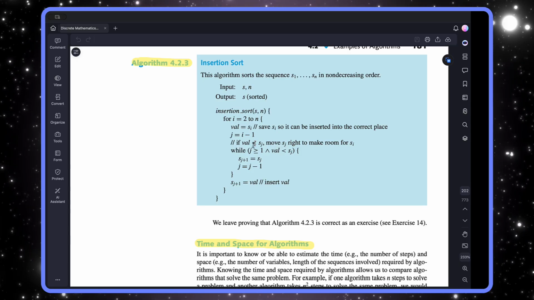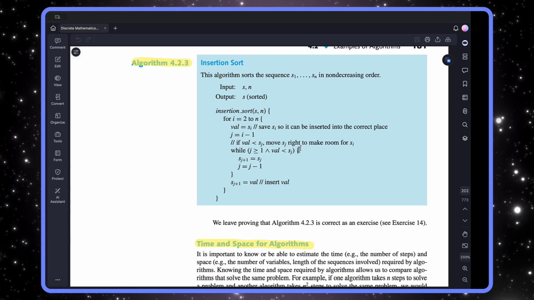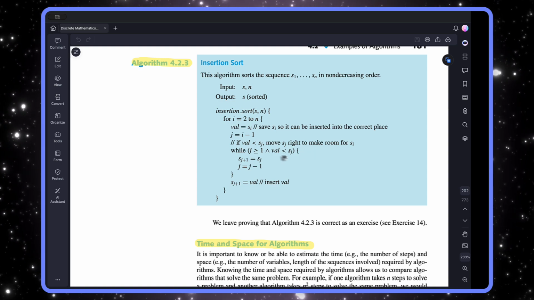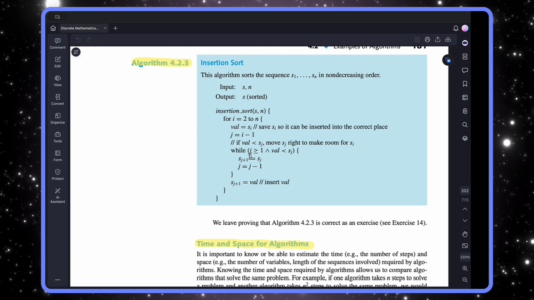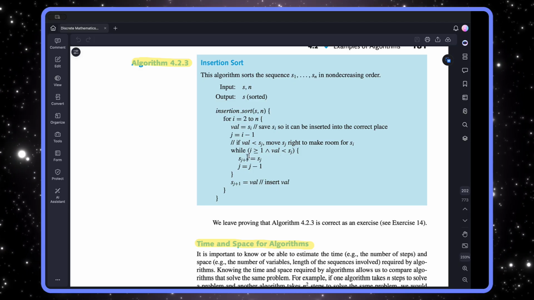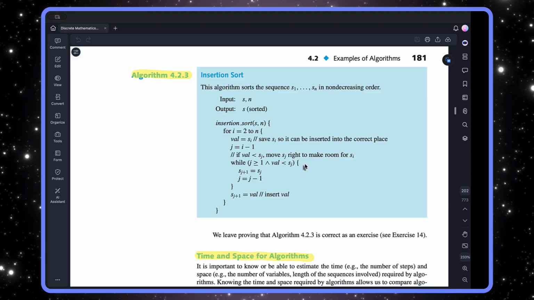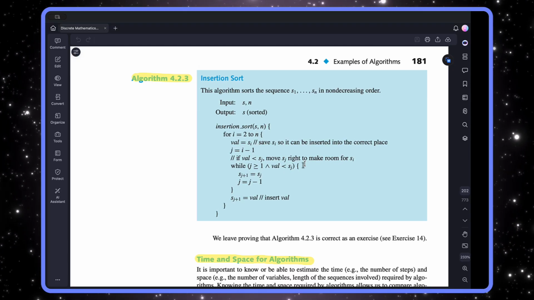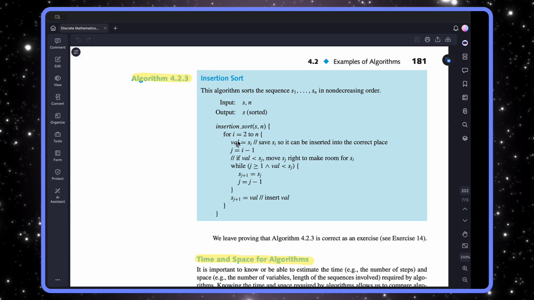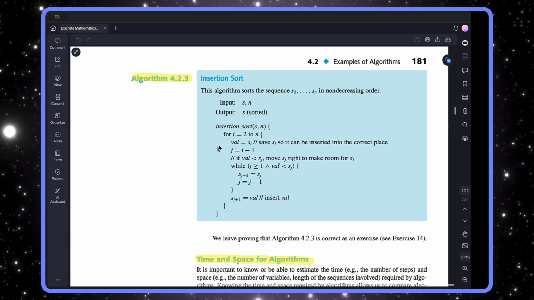So while J is greater than or equal to 1 and value is less than S sub J, it sets S sub J plus 1 equal to S sub J. So that's moving it over, and then J decreases by 1. So look through this algorithm and make sure it makes sense. It should take a while. I'm being purposely vague because you want to really think about this to make sure that you see how it works, okay?